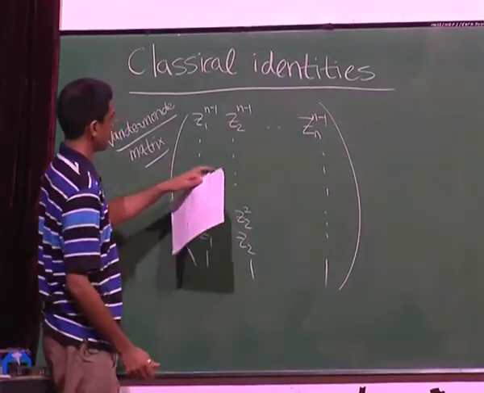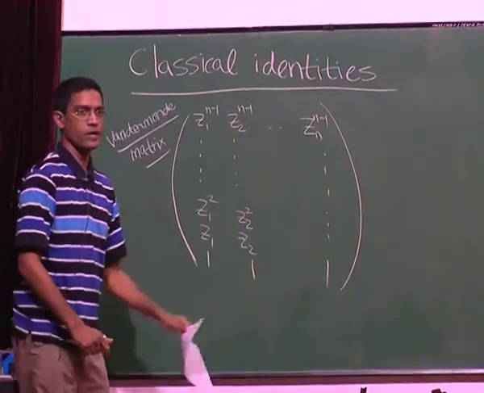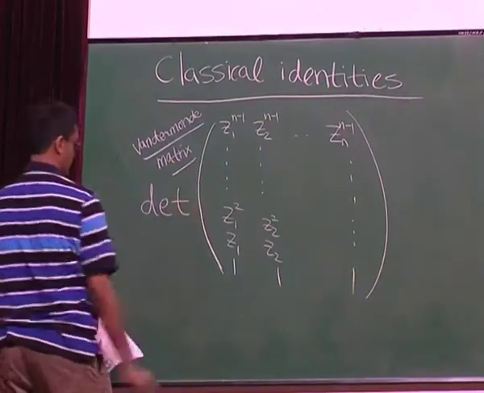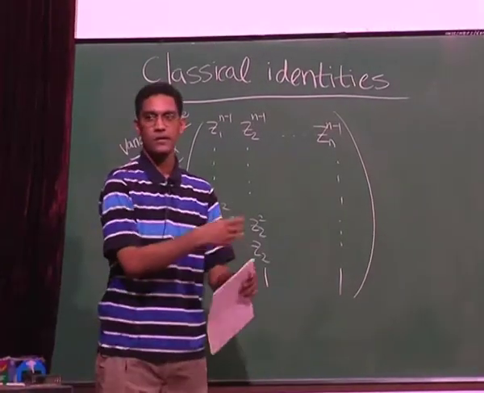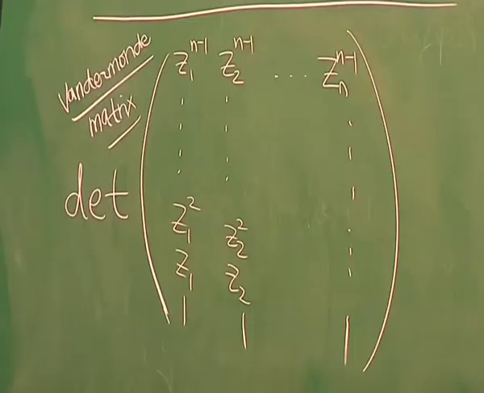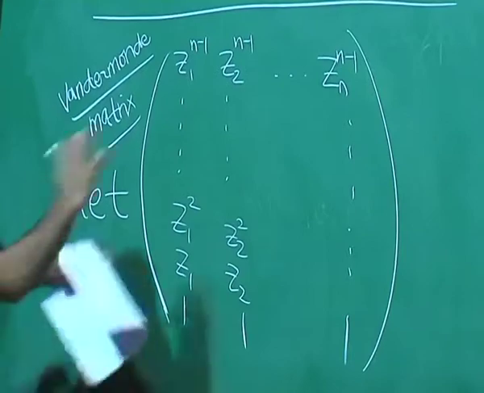Now, what's my identity? You write down a van der Waals matrix and you compute its determinant. Determinant, of course, by definition, you have to really do this process: you expand the whole thing out, you get lots of terms, and you add them all up.